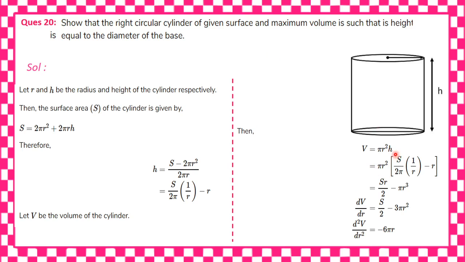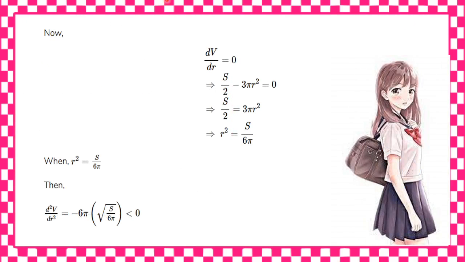Volume is pi r square h, but here students, if you see, r and h are two variables. This is the reason that we wrote h in terms of r here, so that we can now take the value of h in terms of r. Now differentiate with respect to r, calculate the second derivative, then the next step, equate the first derivative with 0 for finding the critical points. We are getting r square equal to S upon 6 pi, or you can say r equal to under root S upon 6 pi.